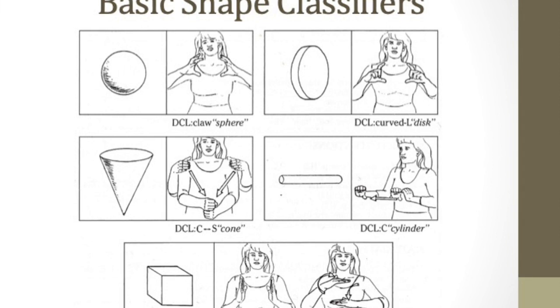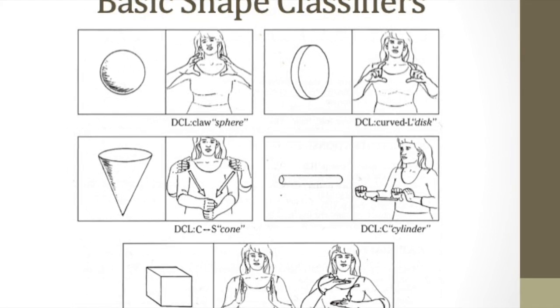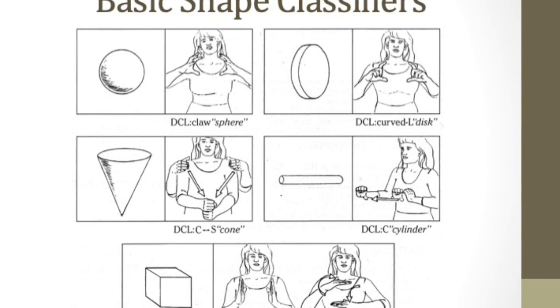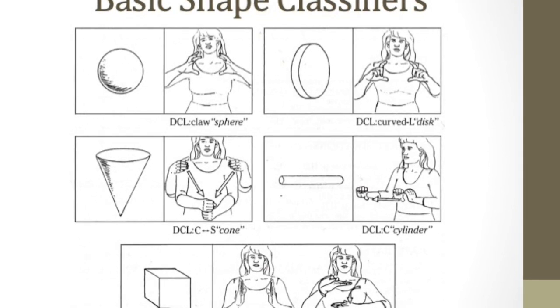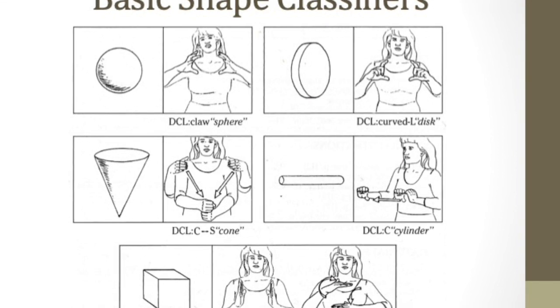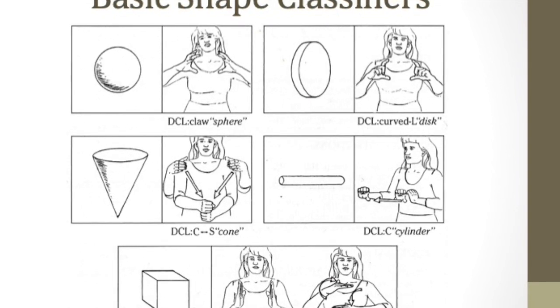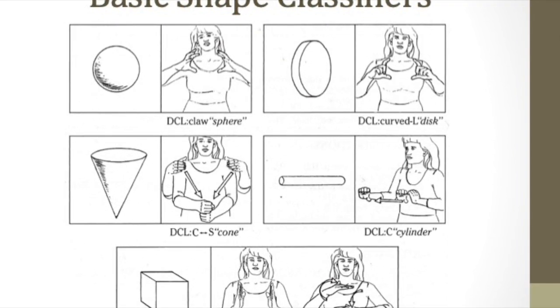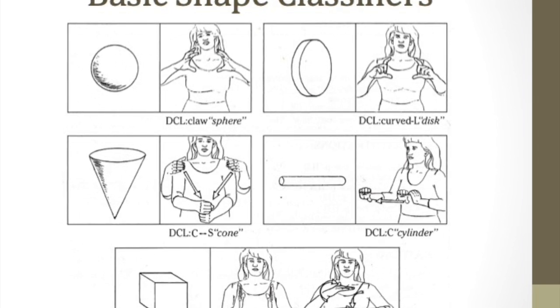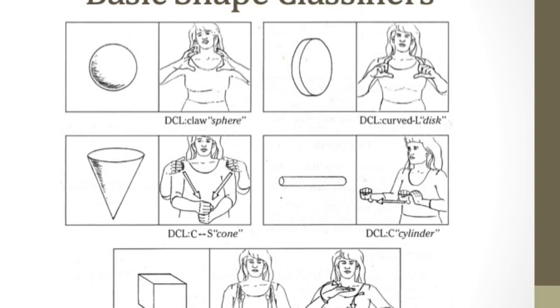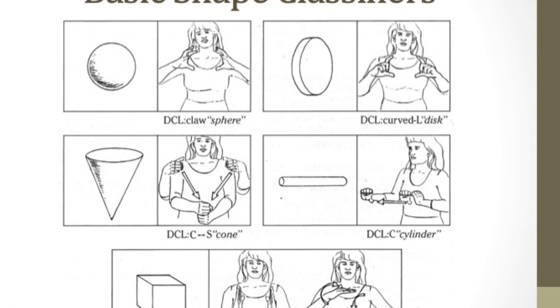There are strict rules governing the use of hand shapes for classifiers. All spherical things use two claw 5 hand shapes. All disc-shaped things use the bent L hand shape. Cone-shaped things use a C to S or an F hand shape.